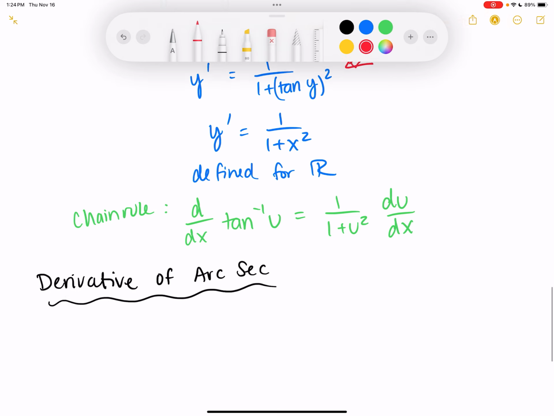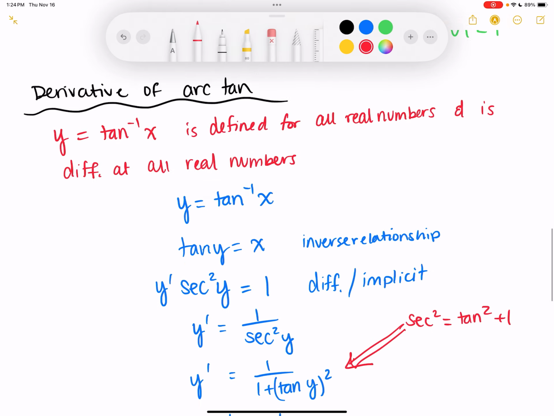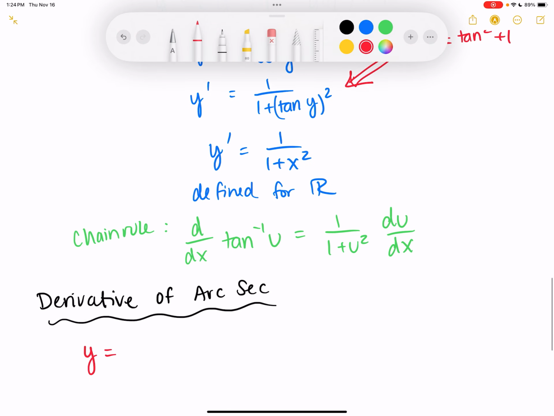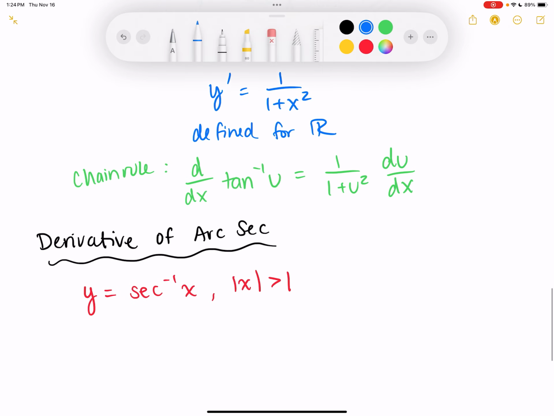Yeah, right. So we're going to start out with y is equal to inverse secant of x, for the absolute value of x greater than 1. So the first step is secant of y is equal to x, which is the inverse relationship.